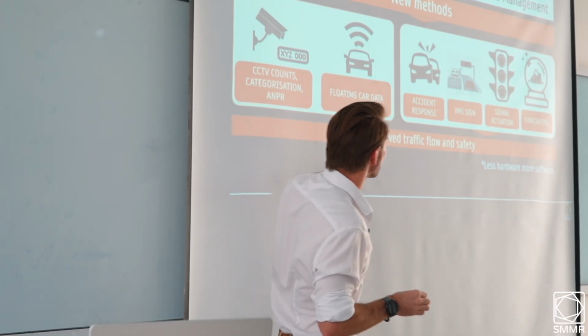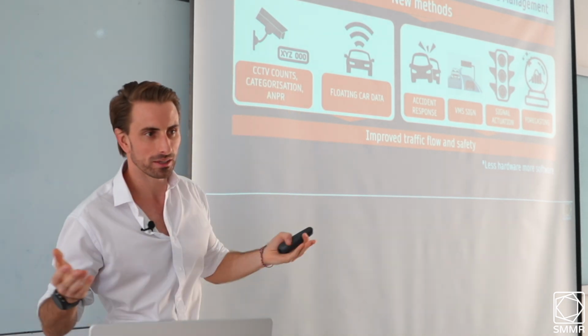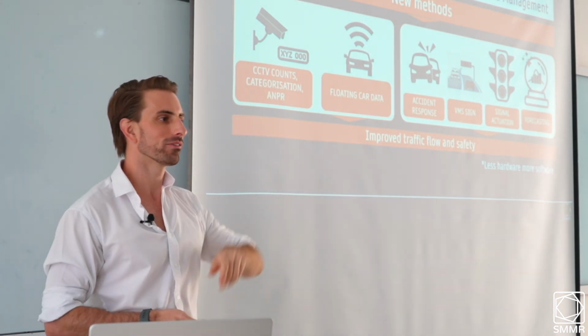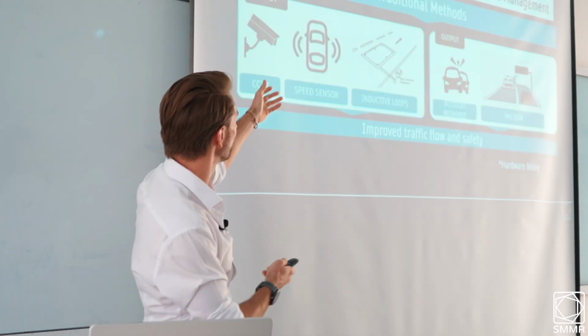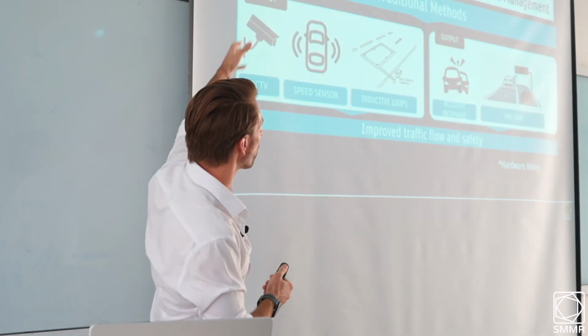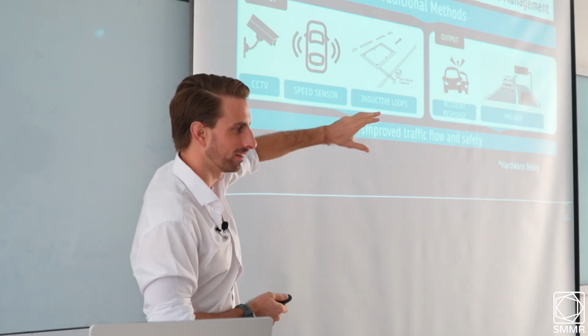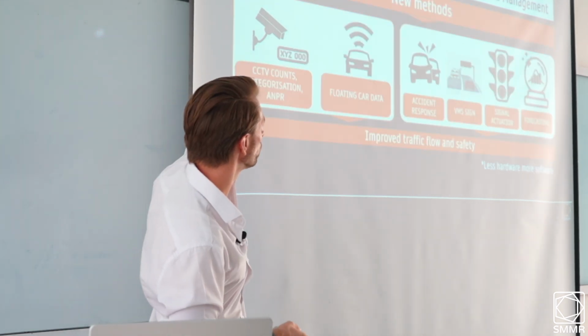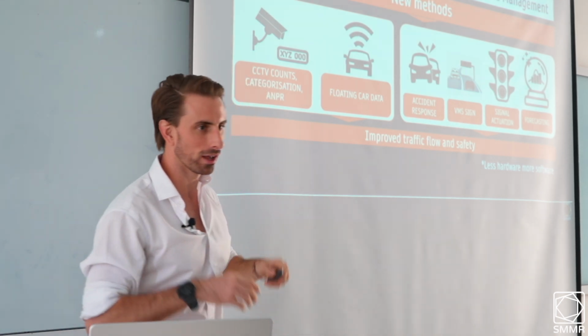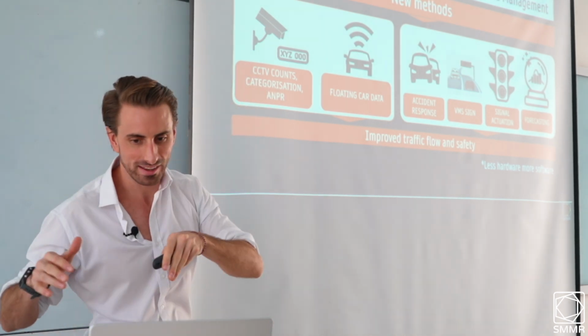I think this is extremely exciting for cities like Phnom Penh, where you haven't invested tens of millions into developing these now traditional style advanced traffic management systems. Instead, you can use new methods and do a lot more with a lot less.